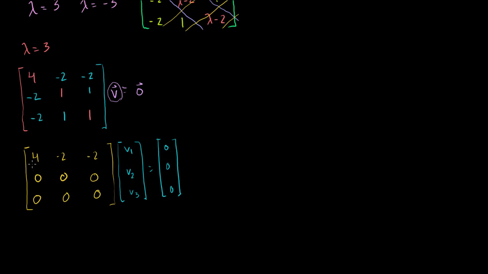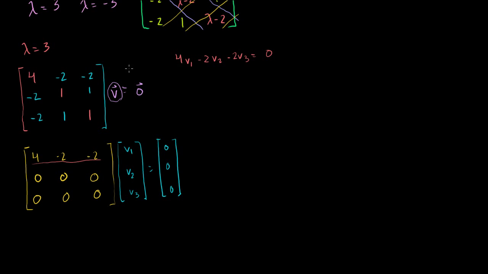The only one is this row up here, which tells us that 4 times v1 minus 2 times v2, actually this wasn't complete reduced row echelon form, but it's close enough, it's easy for us to work with. 4 times v1 minus 2 times v2 minus 2 times v3 is equal to 0.